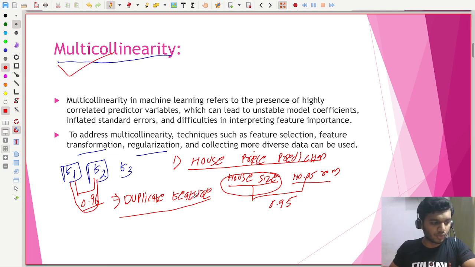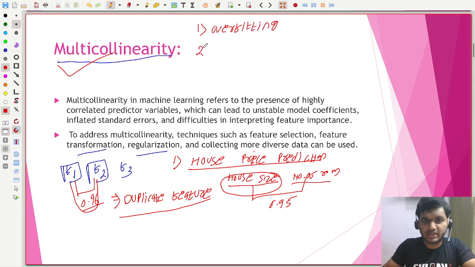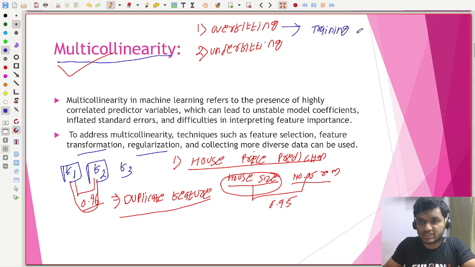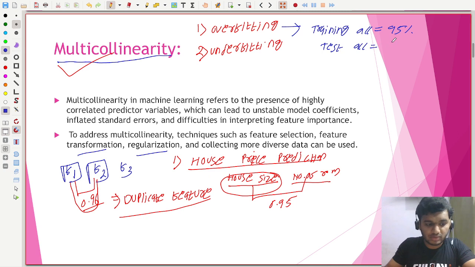In this topic, two important concepts are there: overfitting and underfitting. Overfitting occurs when, suppose, training accuracy is 95% but testing accuracy is 60%.